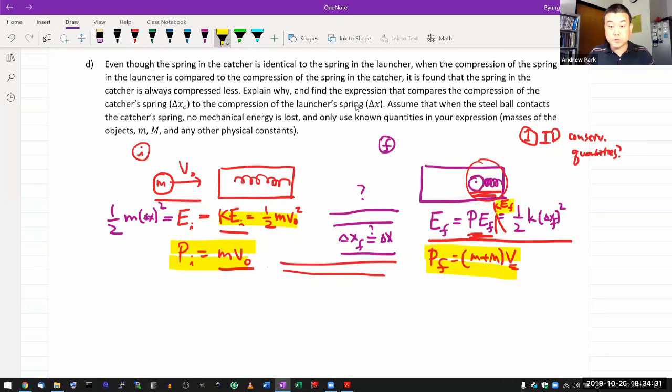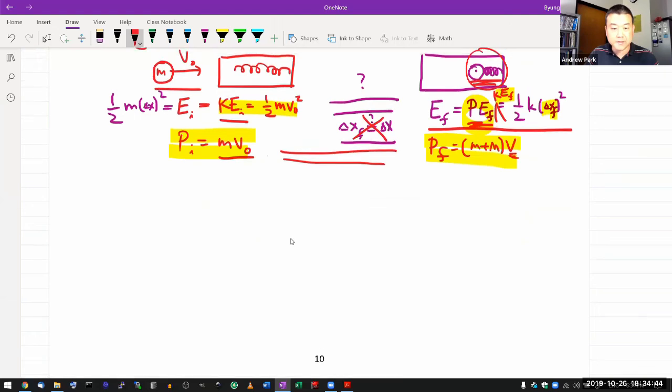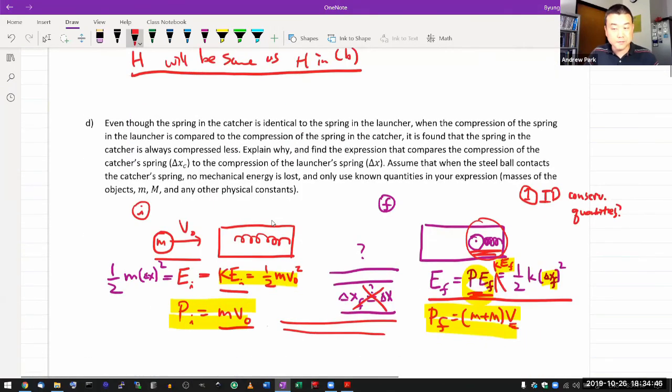So the amount that this spring is compressed is not going to be the same as the amount that the other spring was compressed. I gave people lots of space here because this is an analysis that takes a bit of time, so look at the detailed answer for the detailed analysis.